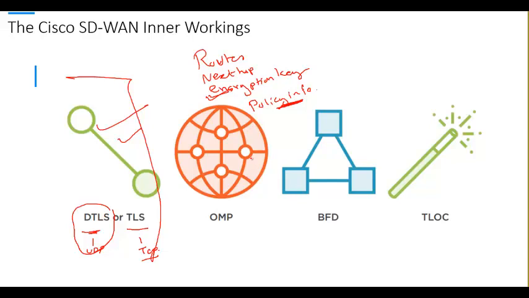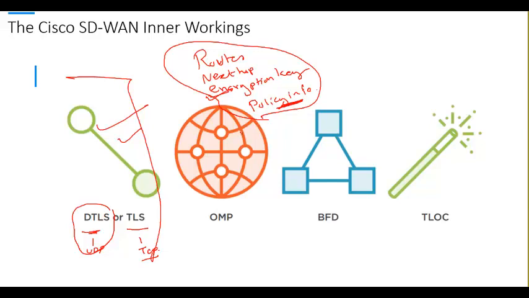So the OMP peering is always between the WAN edge devices and the vSmart, and they exchange the control plane information to and fro. Even though this determines the data plane, it provides the control plane which determines the data plane on the WAN edges.